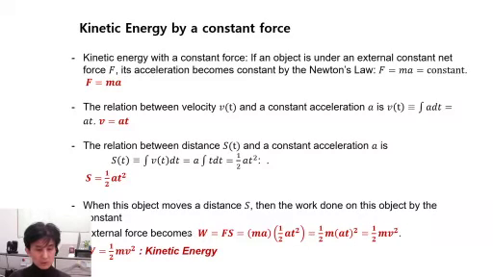So the work done on an object becomes 1 over 2 mv squared, and we define this as the kinetic energy of an object. If an object is moving with a velocity v, speed v, then the work done on the object is equal to 1 over 2 mv squared, and that is the kinetic energy.